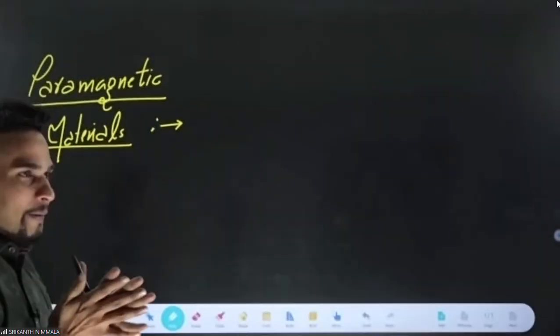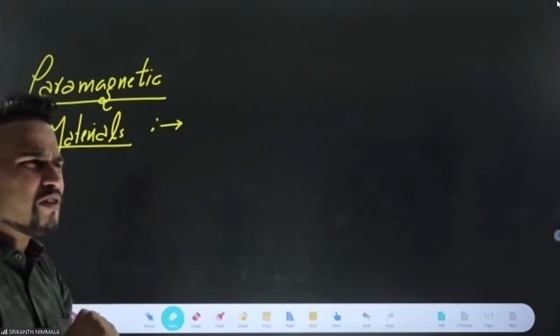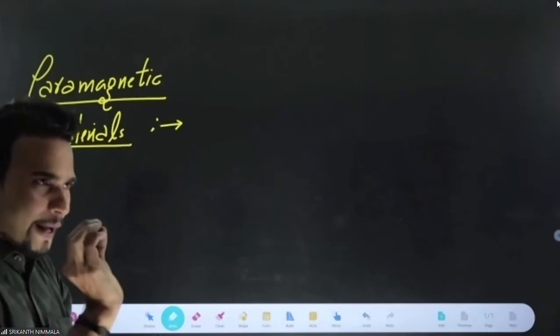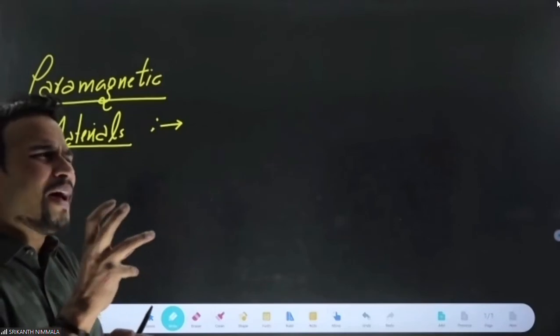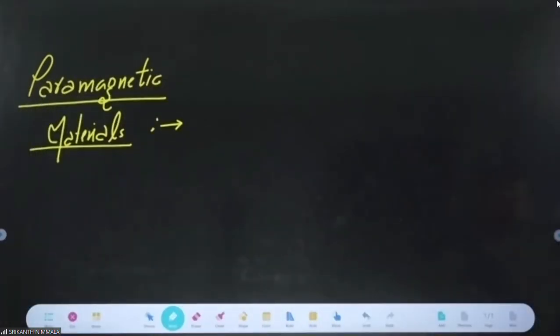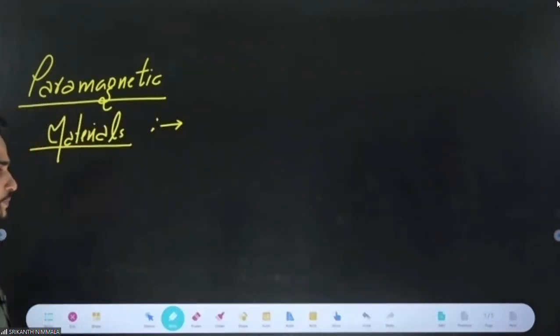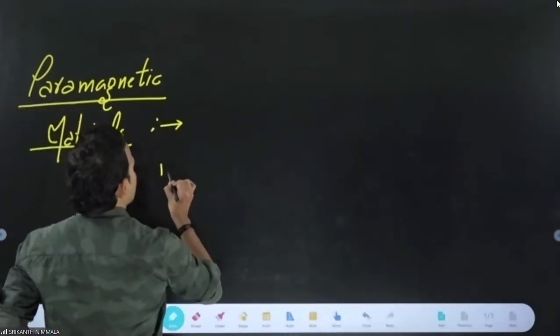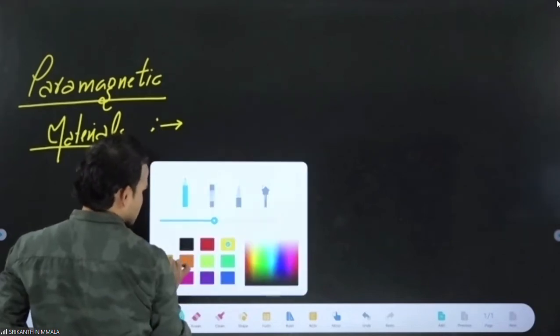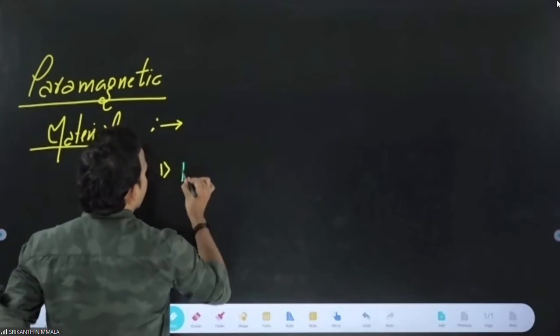First thing, you have studied in chemistry also. You tell me, who shows the paramagnetic property? Unpaired. You write: it is a property of unpaired electrons.